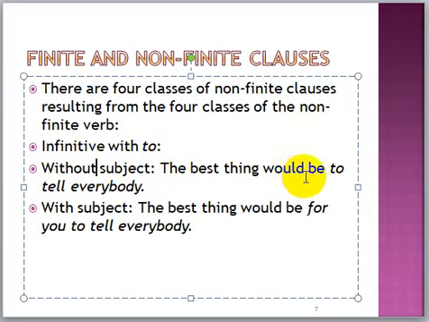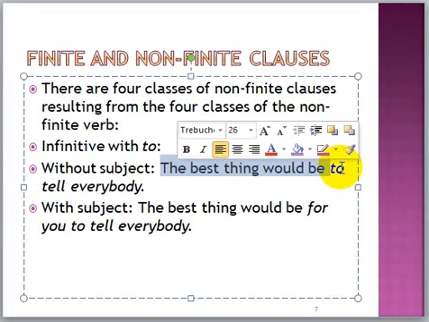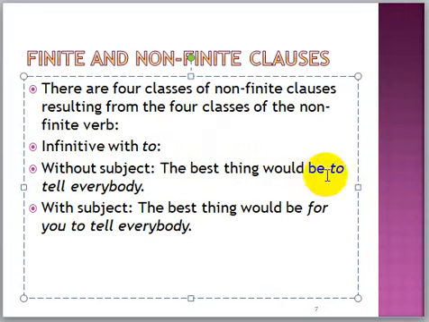Here, "the best thing would be", we cannot take the subject of this clause and put it as the subject of the non-finite clause. So this non-finite clause is without a subject. There's no subject. But here, the best thing would be the same as the first one, but the difference is that "for you" is the subject of the infinitive non-finite clause.